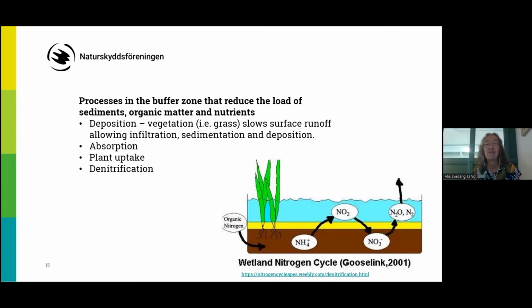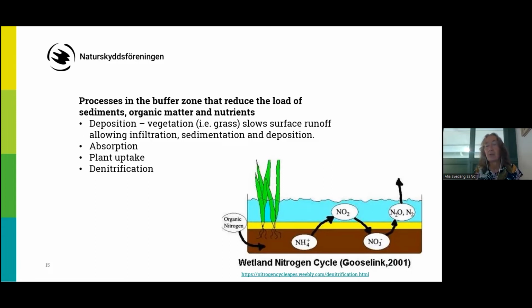They help to slow surface runoff, and they also allow infiltration and sedimentation and deposition in the water. So the water runs slower, and it gets time for particles to sediment, for instance, and also for nutrients and so on to infiltrate into the ground.